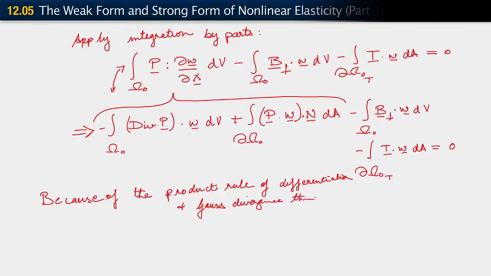All right? Let's see how that works, and in order to do so, I will actually use coordinate notation. Okay? So, integral over omega naught, what we are trying to do with that very first term at the top of the slide is the following: P little i capital I, partial of W little i with respect to x capital I, dV. Okay? This is what we're trying to do.